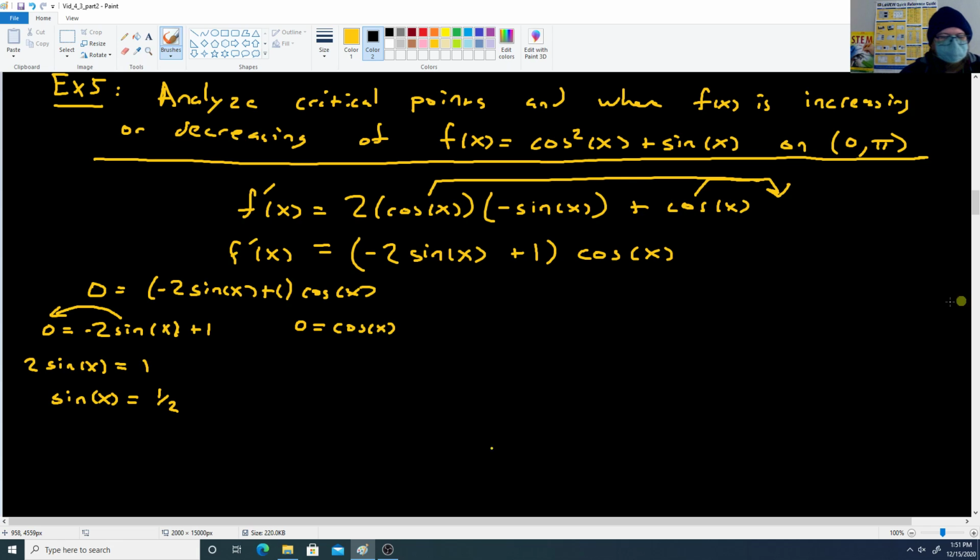So if we think about the unit circle, we're asking where is sine, which is the y value, a half? That should happen at 2 points. It's going to be pi over 6 and 5 pi over 6.